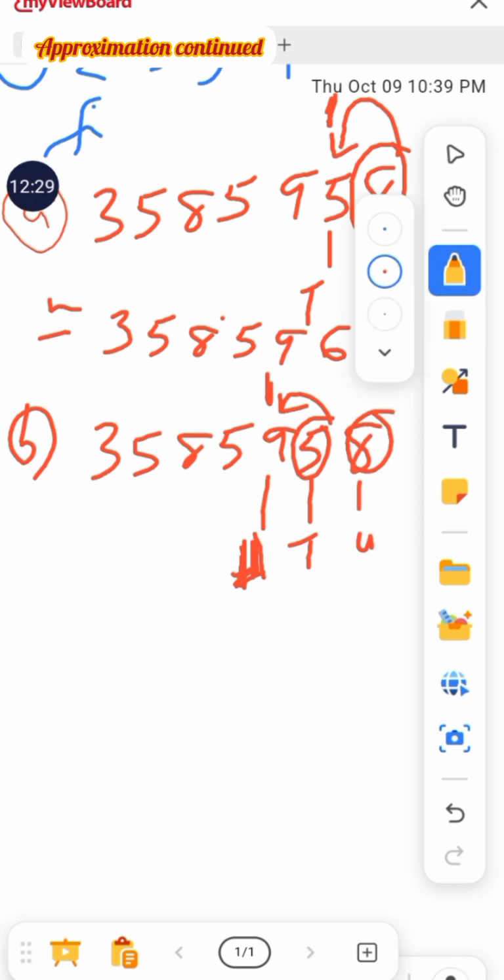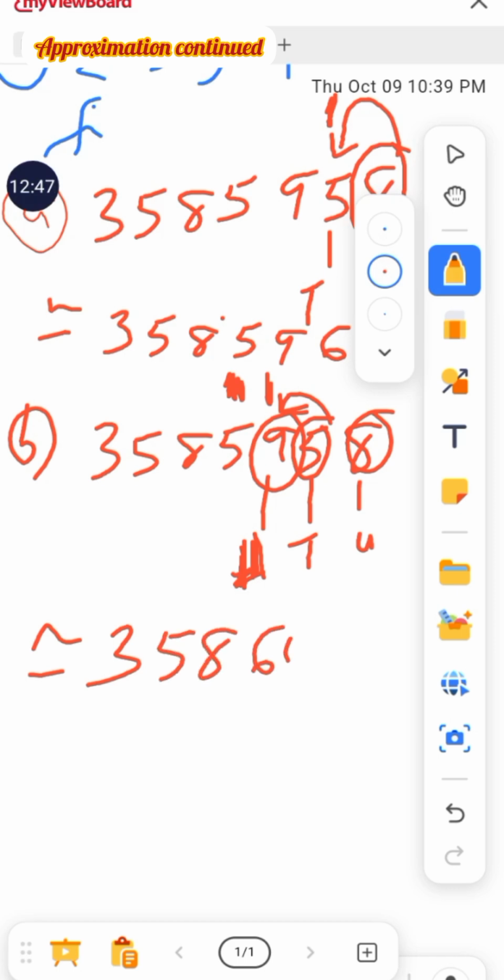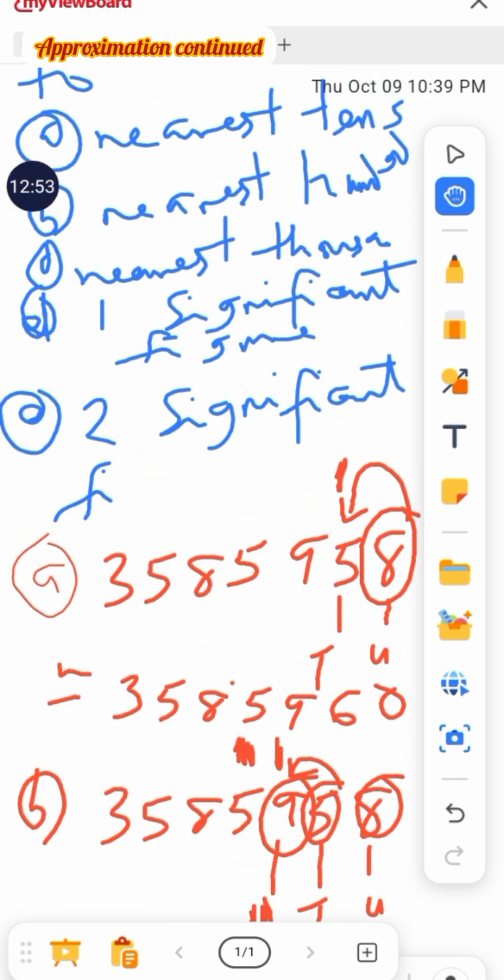Despite the fact that we are doing nearest 100, since this one will give us 10, your 9 will turn to 0, then you carry the 1 on top of 6, even though it is nearest 100. The answer will appear like a nearest 1,000 answer. I hope you are following. So that will be 358, 5 plus 1, that's 6. Then 3 zeros at the back. That answers nearest 100.